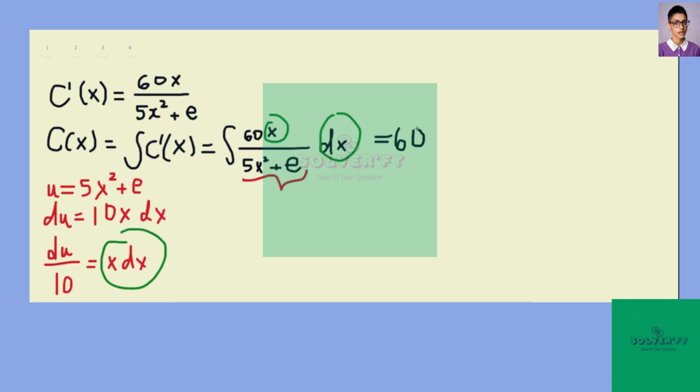So it would be 60, and then the integral of 1 over u. And then for the green circles, we have du over 10. And the 10 is also a constant, so you can move that out. So 60 divided by 10, so 6, and then the integral of 1 over u du.